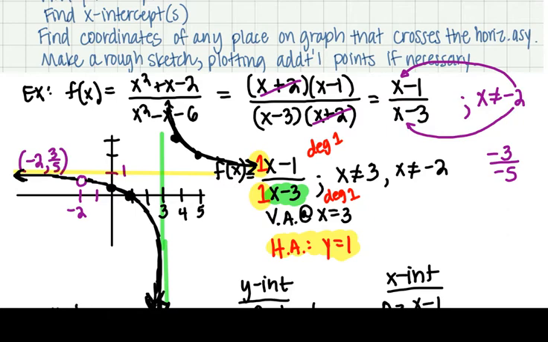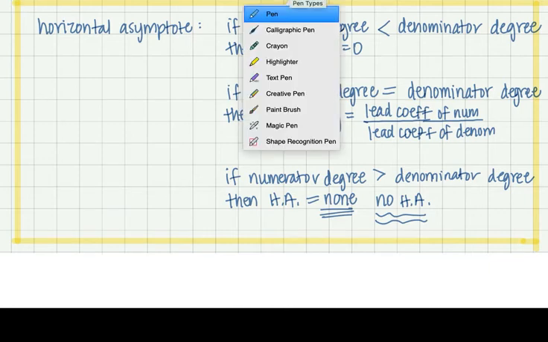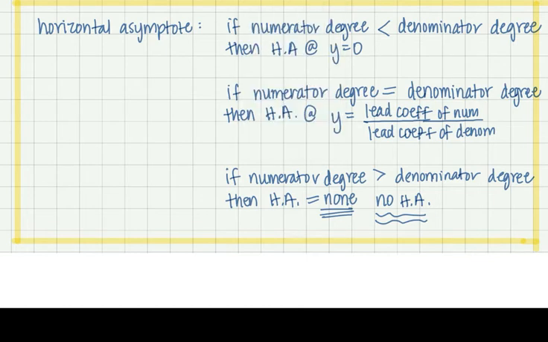Rational functions are interesting. Horizontal asymptotes. If the numerator degree is less than the denominator degree, then your horizontal asymptote will be 0. So y equals 0 will be your horizontal asymptote. We had equal degrees.